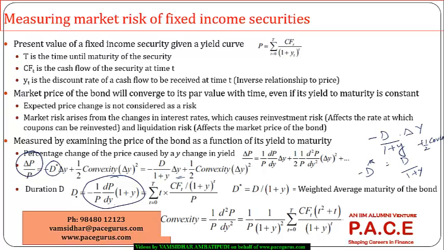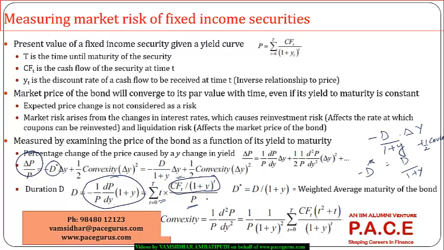From there I will get my duration D, which works out as dP by dy times 1 plus y multiplied by minus 1 by P, which actually works out to the present value of the future cash flows, multiplied with their time period, divided by the overall price.